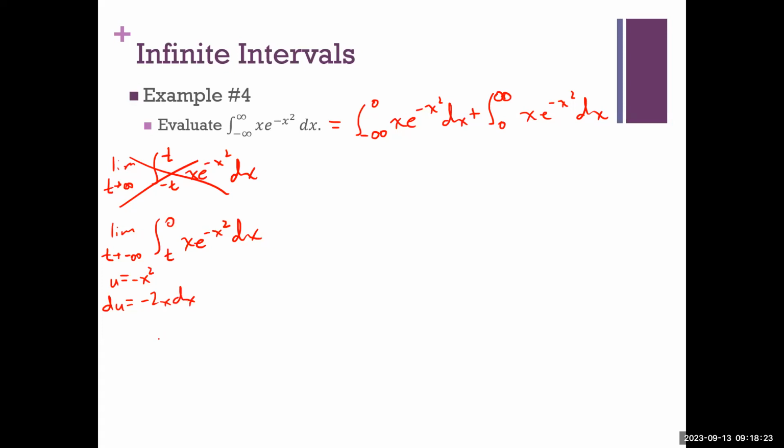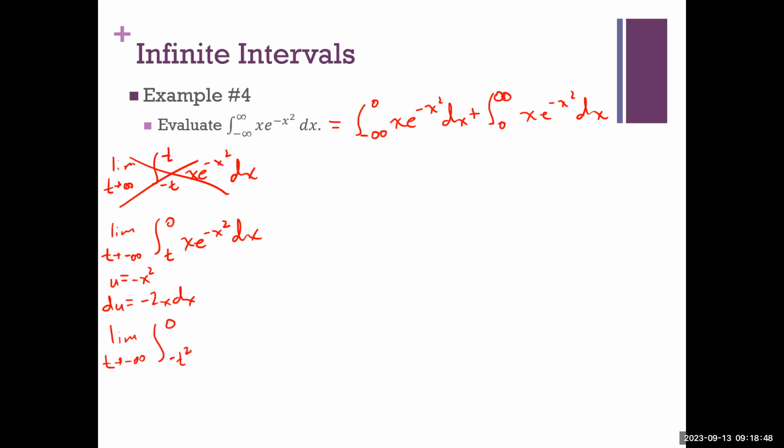Let's figure out the limits as well then. If x equals 0, what does u equal? Still 0, so that one's not going to change. If x equals t, then what does our lower bound equal?